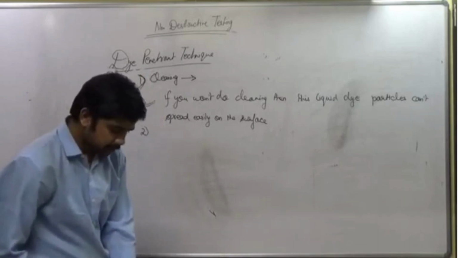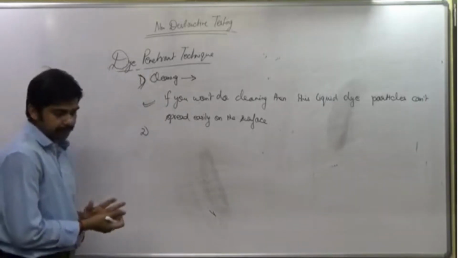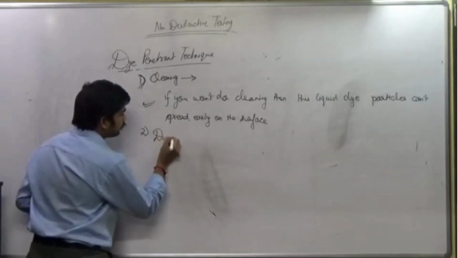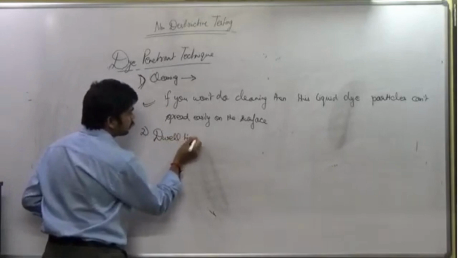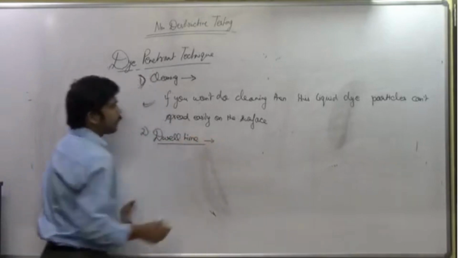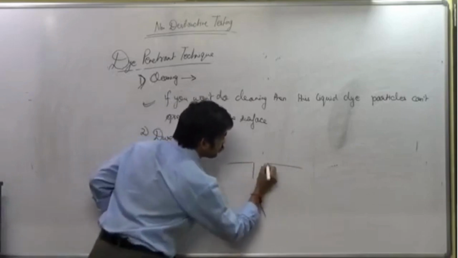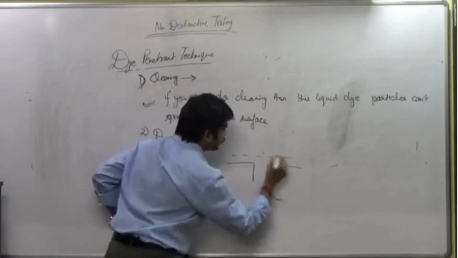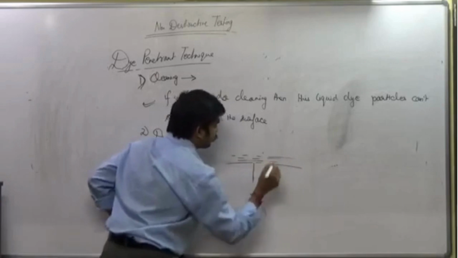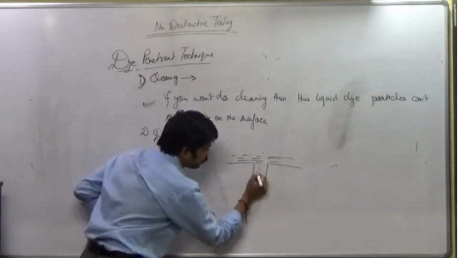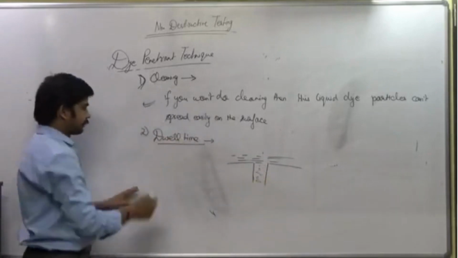Now we'll move to dwell time. After you have filled, let us do the dwell time. After you have applied a dye here, let us suppose that this is the defect and you have applied the dye. Then we have to give certain time so that the dye can go inside this crack or defect.